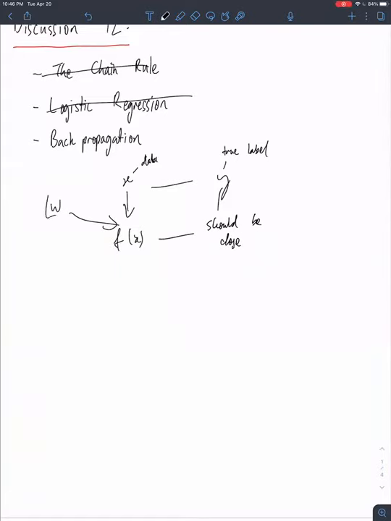Again, these W's, you adjust them. You have some loss of X and Y, and what you do is you find d loss dW, and you use d loss dW to change W using the gradient descent algorithm.